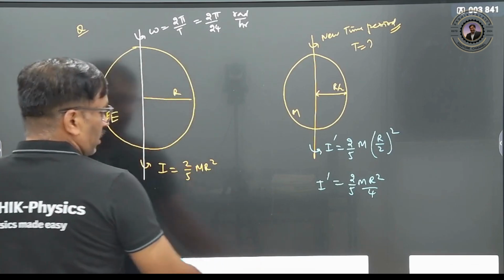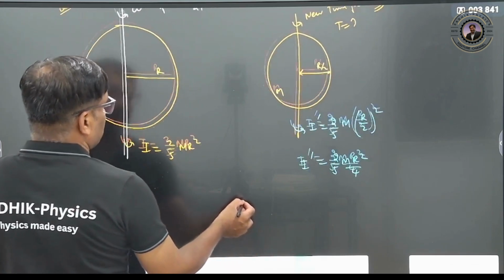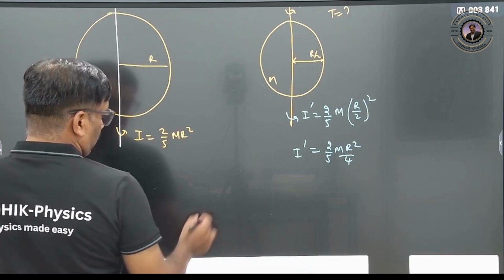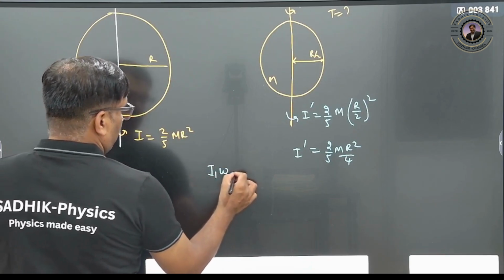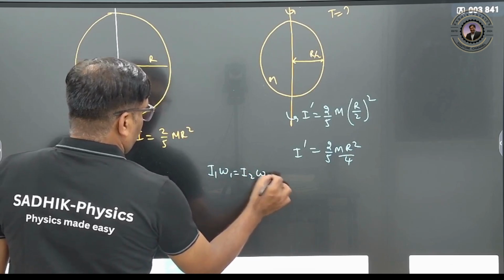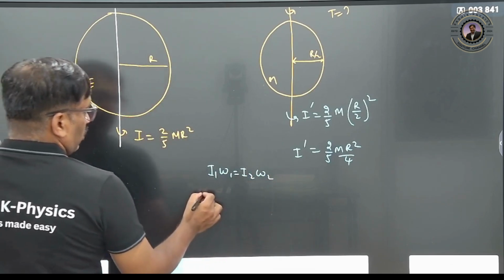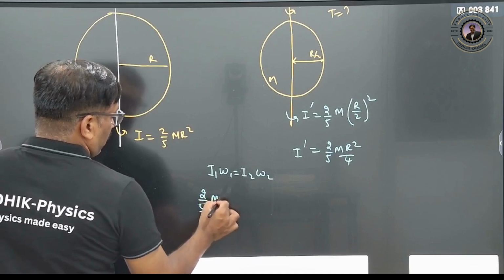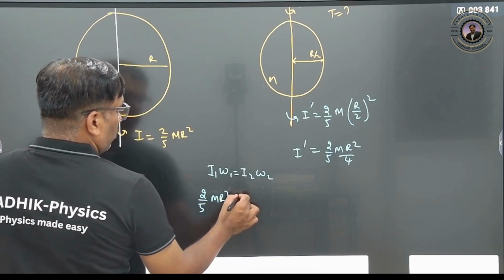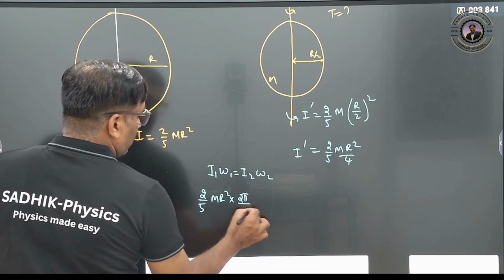We can again use the same thing, I1 omega 1 is equal to I2 omega 2. I1 is 2 by 5 M r square into omega, which is 2 pi by 24 hours.